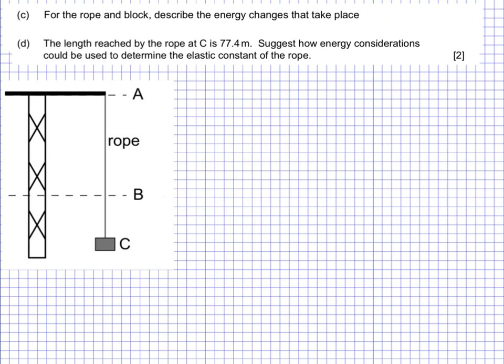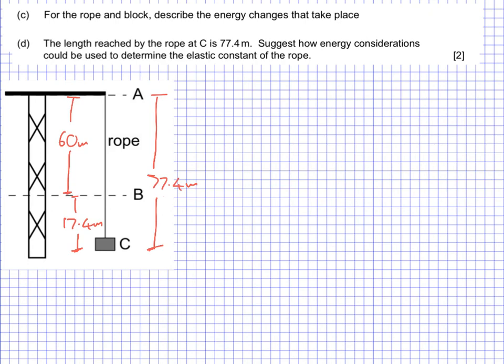So just to visualize that, what it's now saying is that because we were given this value initially, so 60 meters to here, we're now told that actually it's 77.4 meters all the way down. So clearly we can see that this bit in here is 17.4 meters, okay? Not that that really matters because we're only asked to do this hypothetically.